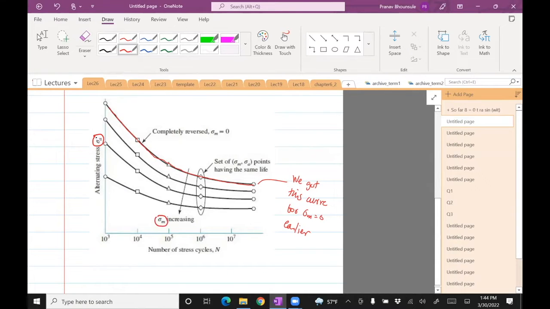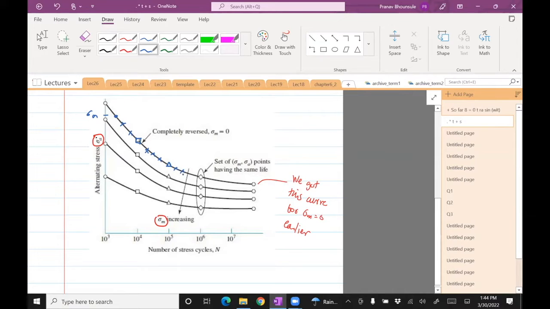So let's say you choose a sigma m and a sigma A, and if I get this point, this is for a particular sigma m, sigma A till failure. So a specimen is dumped, a new specimen is taken at this sigma m, sigma A, you do it. Now we have just shown a few plot points there, but to get that kind of curve, you need to probably fail a lot more points, have a lot more samples, right?